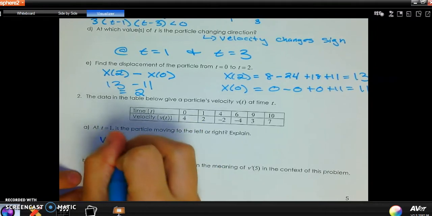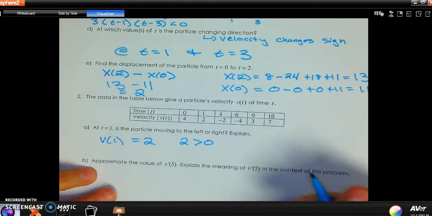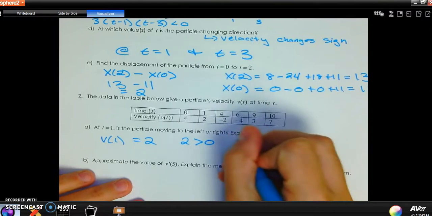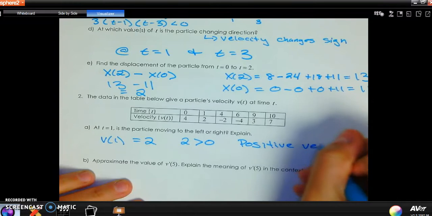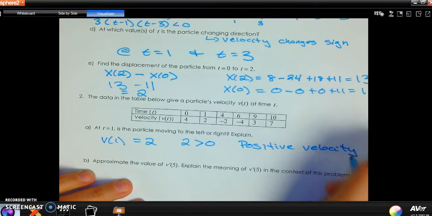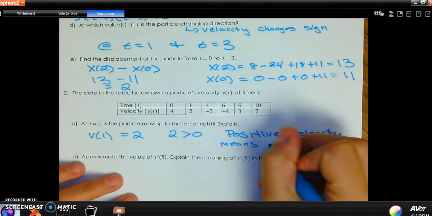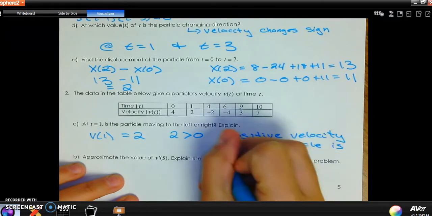The velocity at 1 is 2, and 2 is greater than 0, so it's positive. So moving to the right. Positive velocity means your particle is moving to the right.